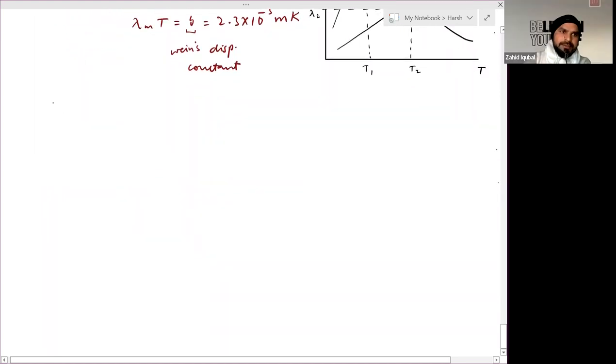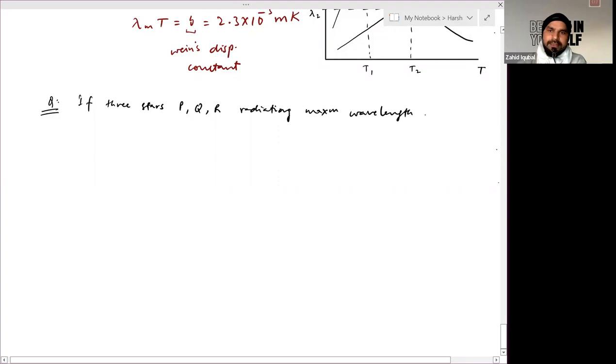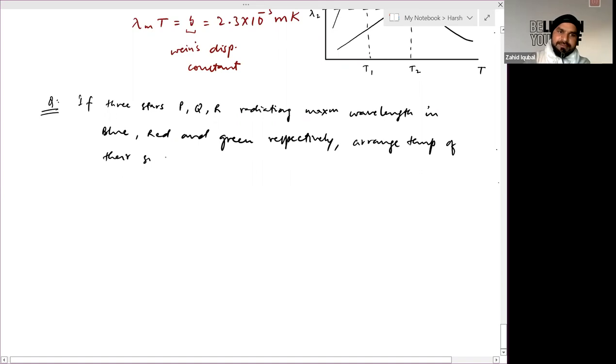Now let me give you a question related to this part. If three stars P, Q, R are radiating maximum wavelength in blue, red, and green respectively, arrange the temperature of their surface in ascending order.